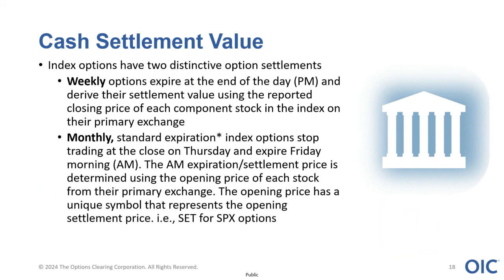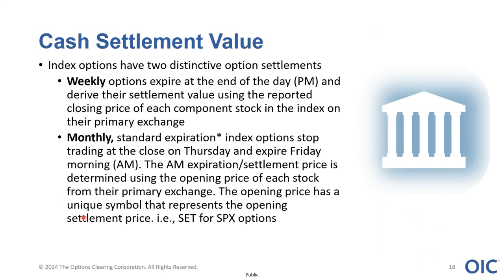The AM expiration settlement price is determined using the opening print from all of these, for instance, the 500 largest stocks that are in the S&P 500. Many times that symbol will have its own symbol. In this case, for SPX options, it's SET.